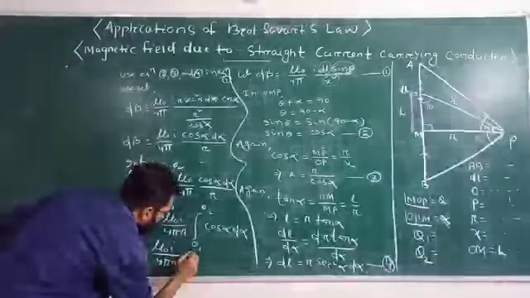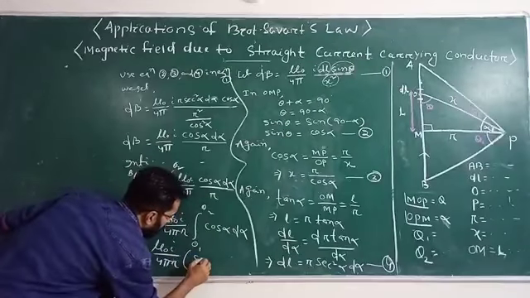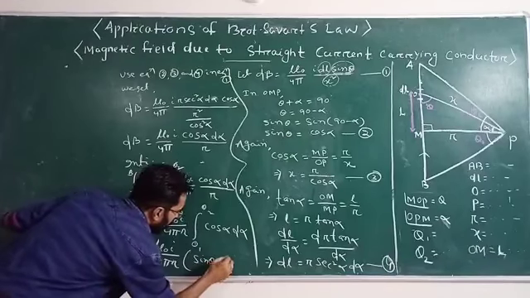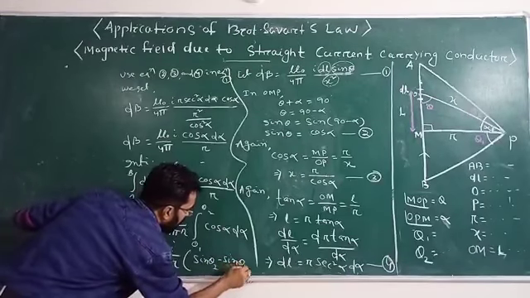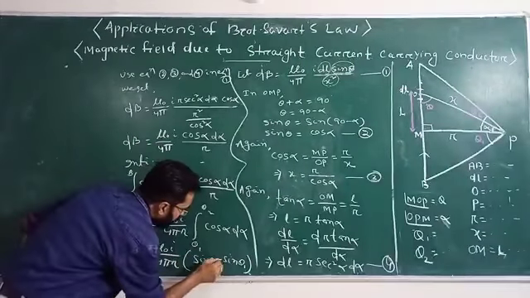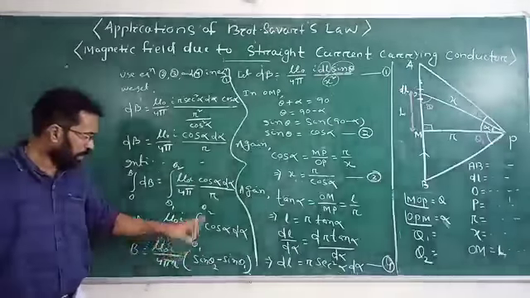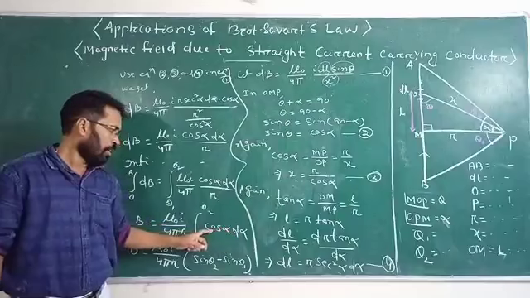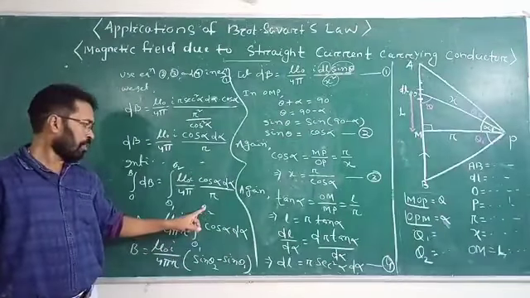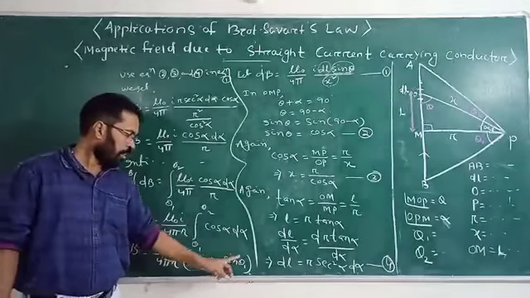And by using your lower limit and upper limit, at last you will get sin theta 2 minus sin theta 1.